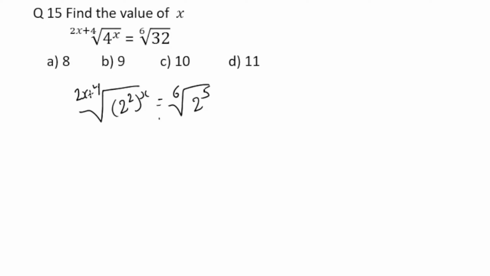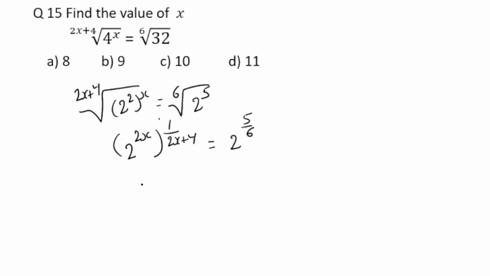The root is the power 1 over 2x plus 4. That means 2 to the power 2 multiplied by 2x, to the power 1 over 2x plus 4. Similarly, the 6th root is 1 over 6 power, 2 to the power 5 over 6.